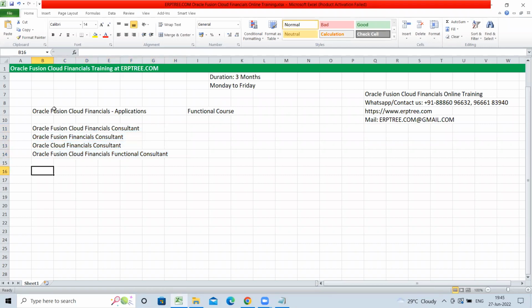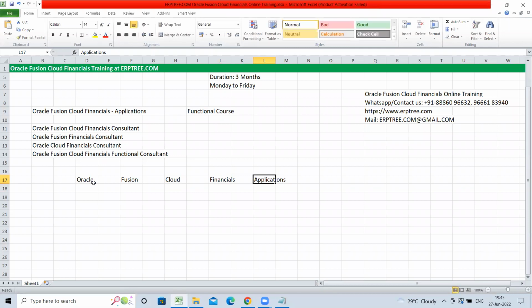Now, first we'll pick all the terms: Oracle, Fusion, Cloud, Financials and applications.